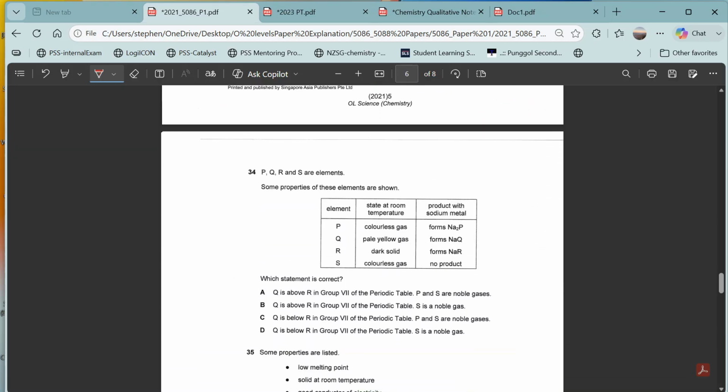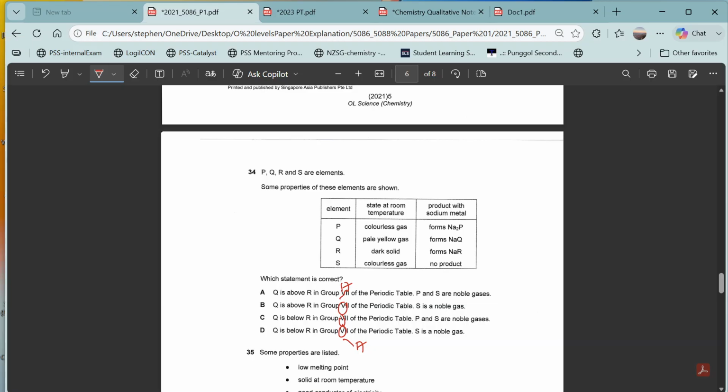Okay, so 34 should be group 7. Oh no, group 7. Nowadays it's called group 17, so it changes to 17 in the new periodic table. So which is correct? Let me see. R is solid.